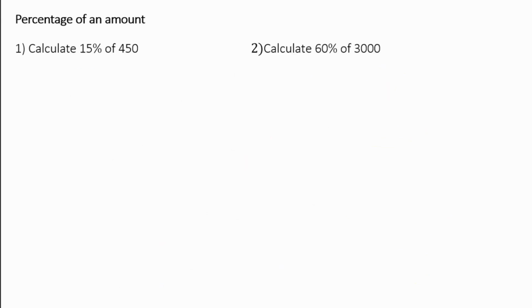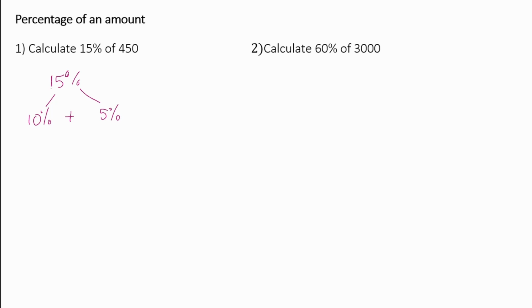Question 1 says, calculate 15% of 450. So in order to find 15%, we can split up our 15% into 10%, and we can add on to the 10% another 5% to make 15%.